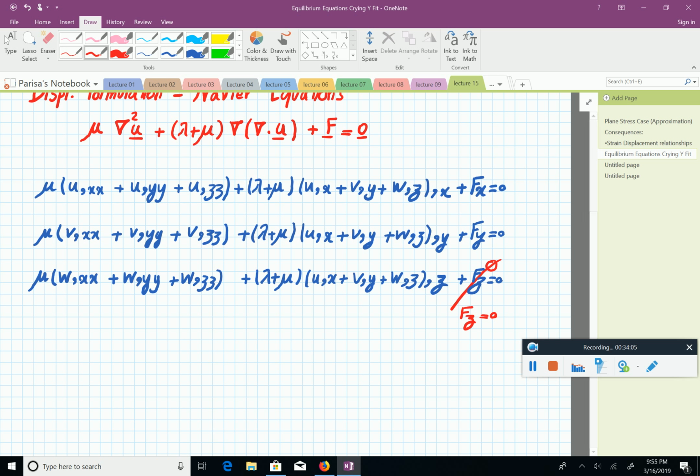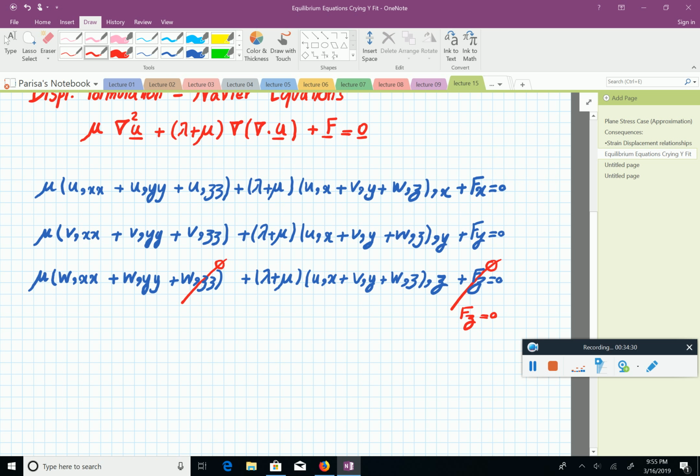Well, we learned that w is generally non-zero, but it's linear in z, so the second derivative with respect to z will be 0, right?